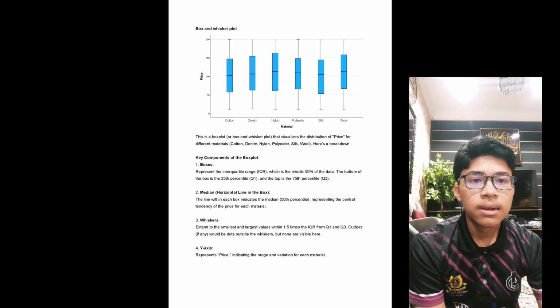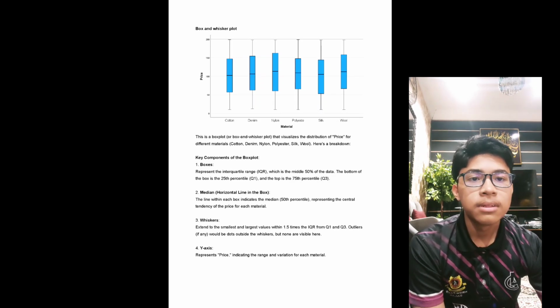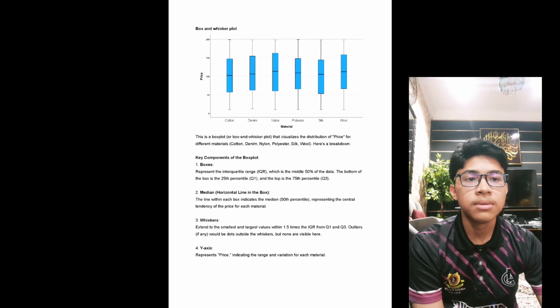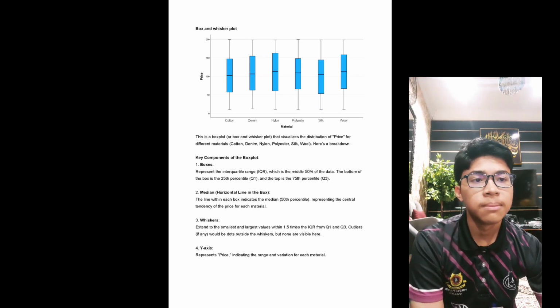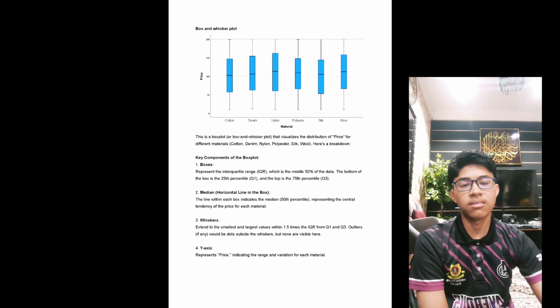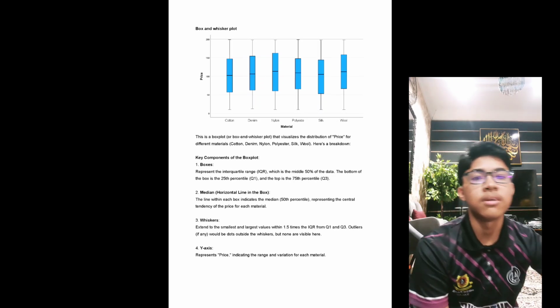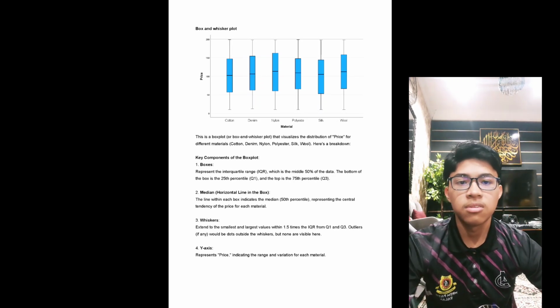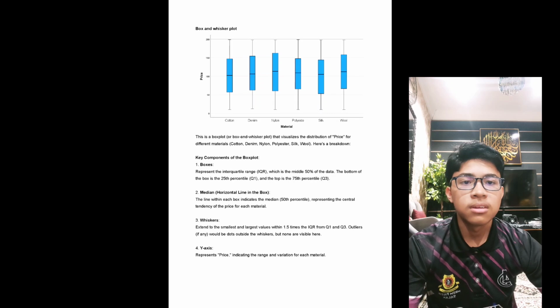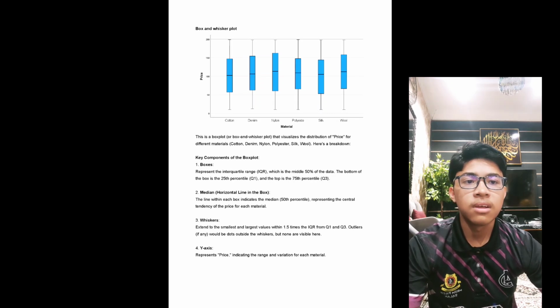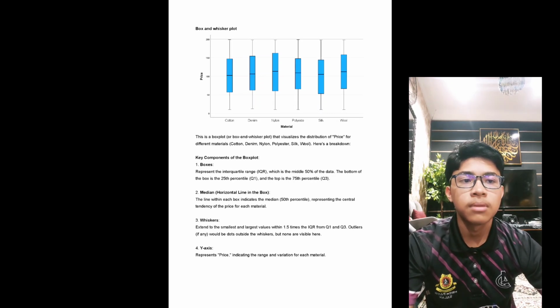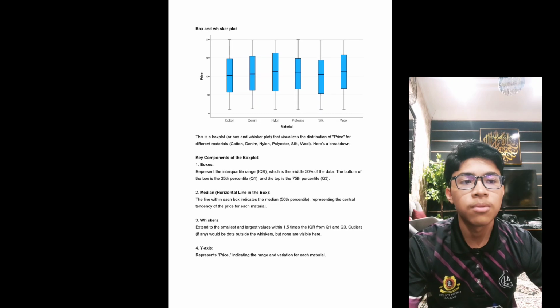Median, the horizontal line in the box. The line within each box indicates the median or 50th percentile, representing the central tendency of the price for each material. The third one is whiskers, which extend to the smallest and largest values within 1.5 times the interquartile range from Q1 and Q3.